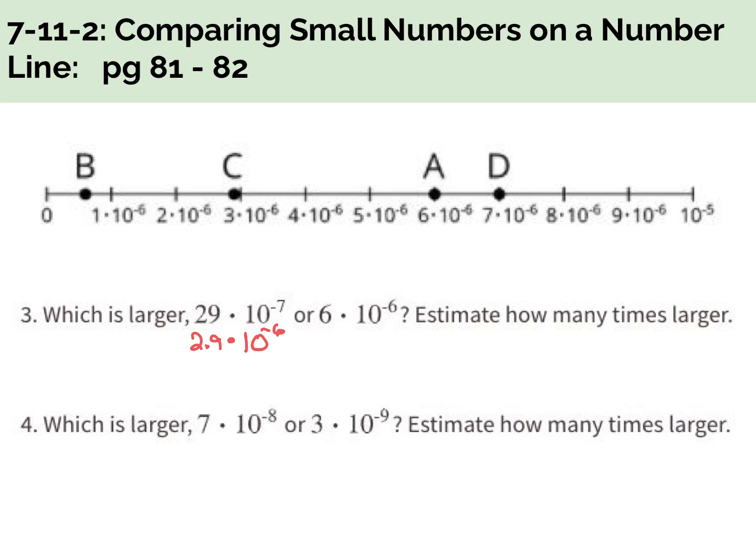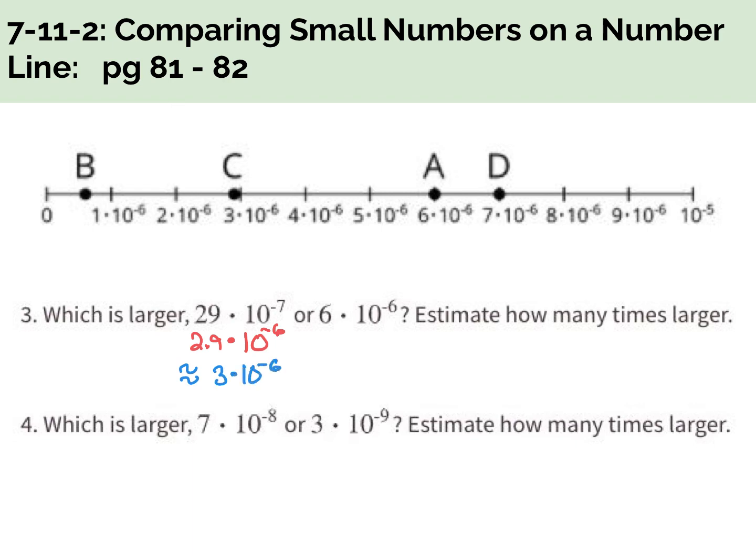So now I have 2.9 times 10 to the negative 6. I have 6 times 10 to the negative 6. And I'm going to estimate this one for a second. So it's about, that's what these squiggly lines are, 3 times 10 to the negative 6.